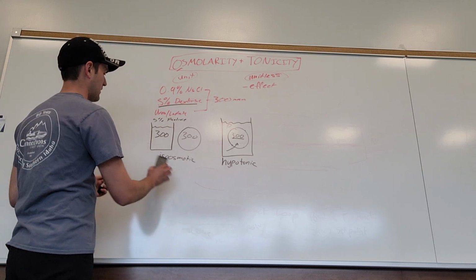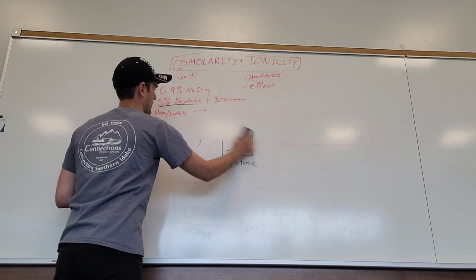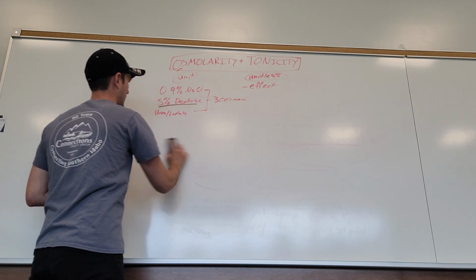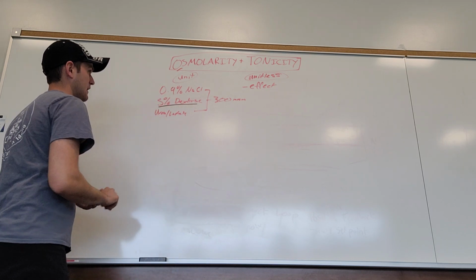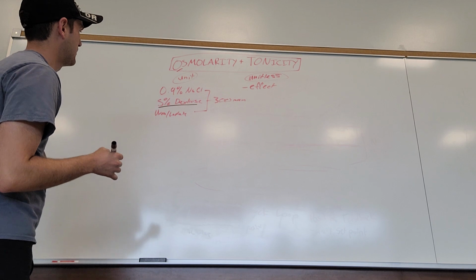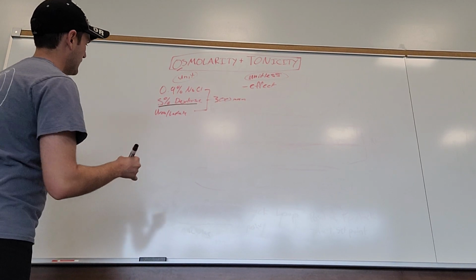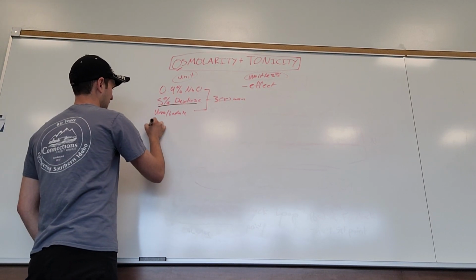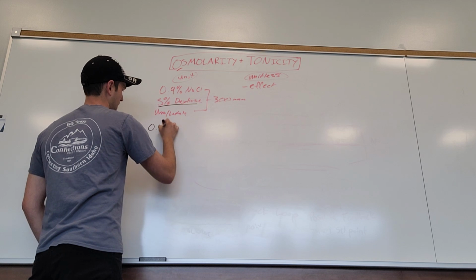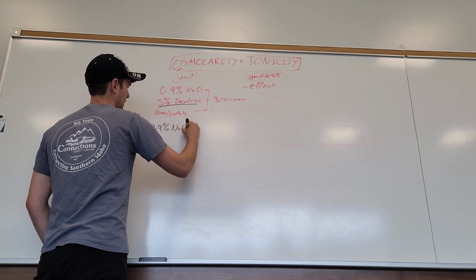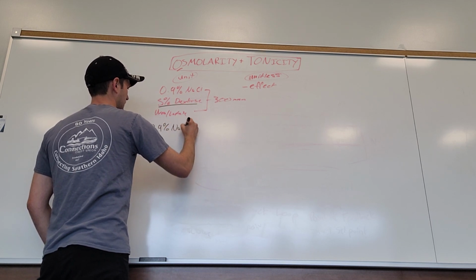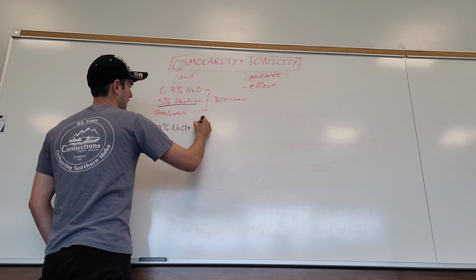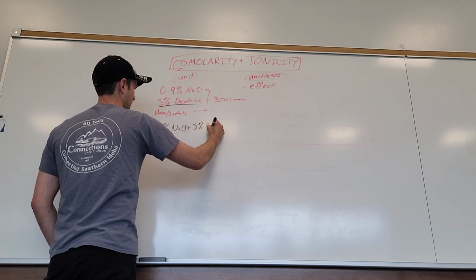Let's do another example, and then we'll move on, and I think that is all we have to cover. So now let's say we have a solution of 0.9% sodium chloride, not TL, with a 5% dextrose.